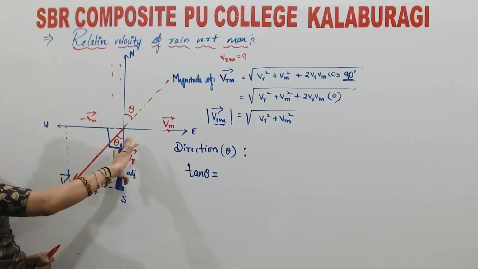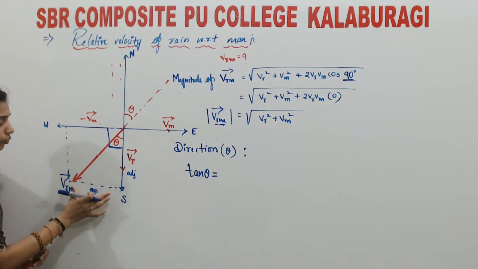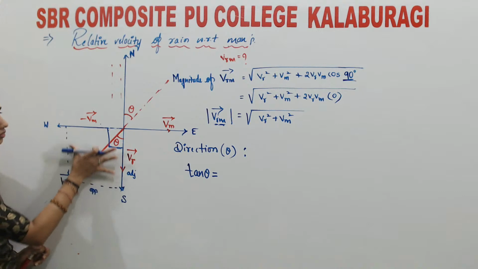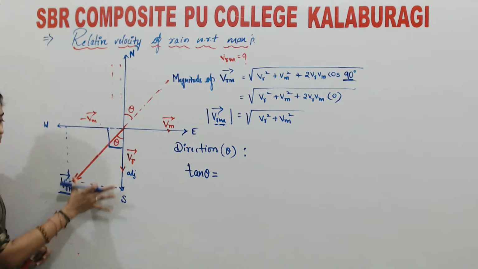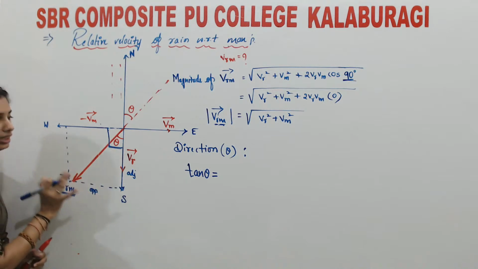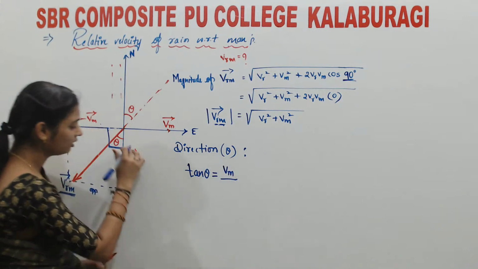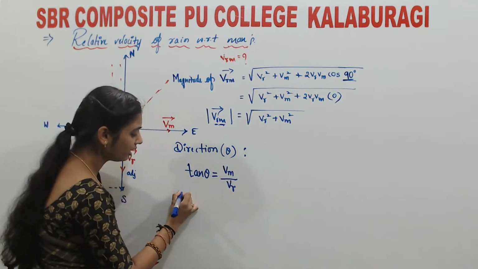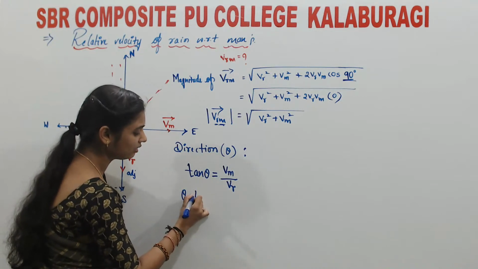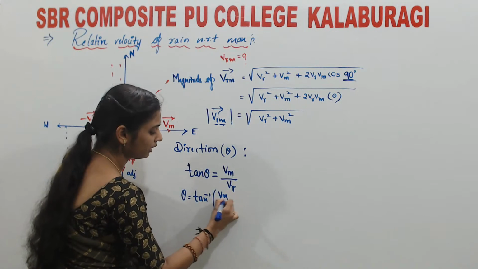So opposite divided by the adjacent side will give you the value of tan theta. Now what is the value of this opposite side? That is Vm. So put the value as Vm divided by the adjacent, which is Vr. So here you can write theta is equal to tan inverse of Vm divided by Vr.